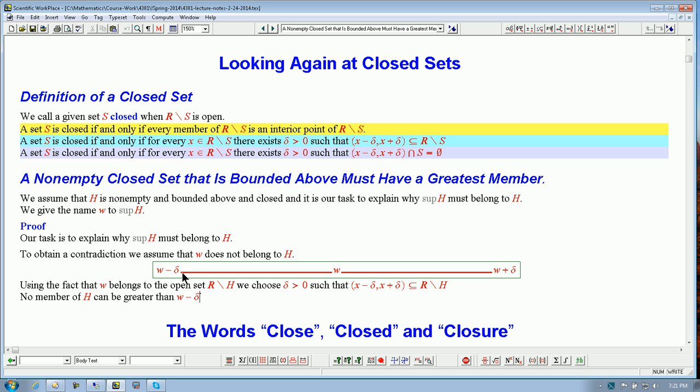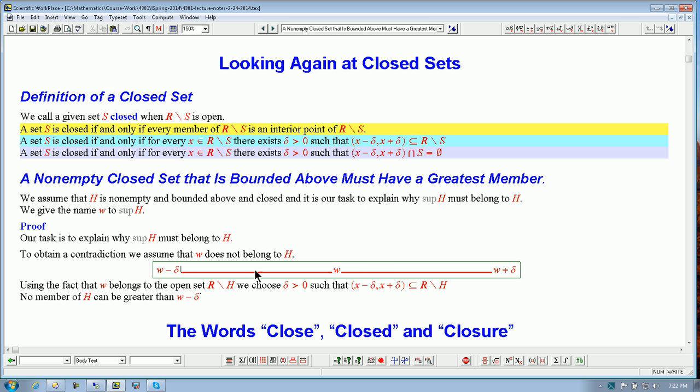If a number is greater than W minus delta, either it's in the red stick or it's not. Numbers in the red stick are never in H because they've got to be in the complement of H. And a number above W minus delta that's not in the red stick is terribly big. It's above there. And that's too high to belong to H because W is an upper bound of H. You will find it in the lecture from last time. A number greater than W minus delta can never belong to H.